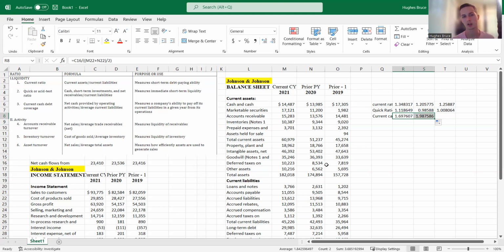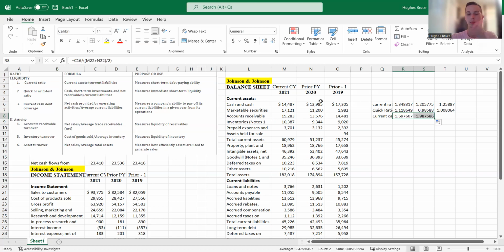And also, whenever they talk about average current liabilities, you're essentially taking the ending amount for the year and the beginning amount for the year. So the amount that's on the balance sheet for a given year will be the amount at the end of the year, because that number represents, whether it's December 31st of that year or whenever their fiscal year ends, the end of that year.